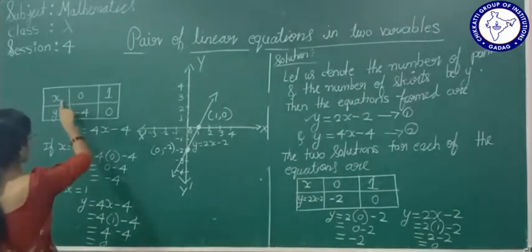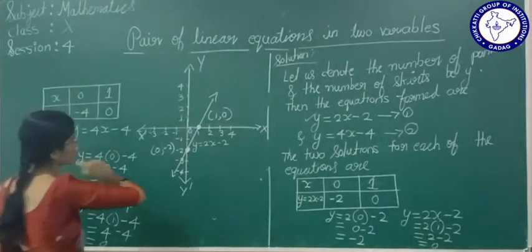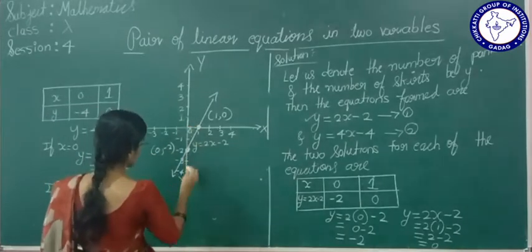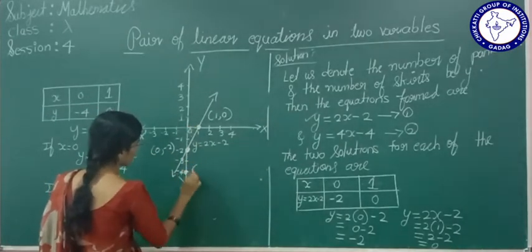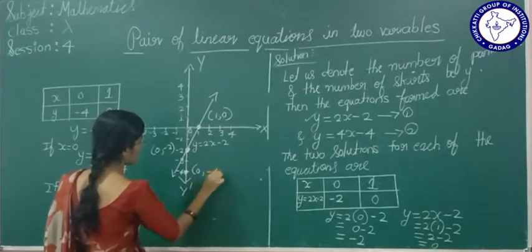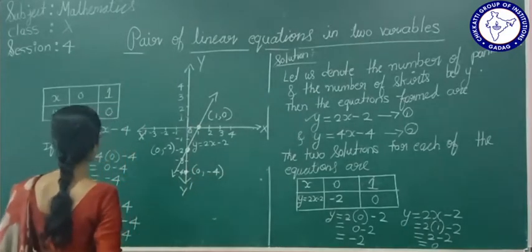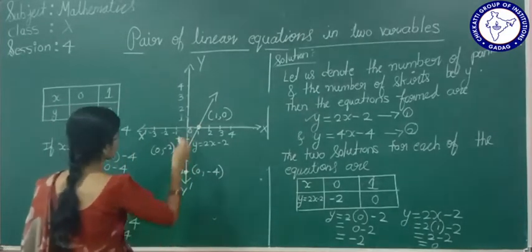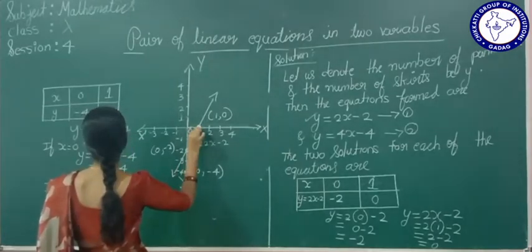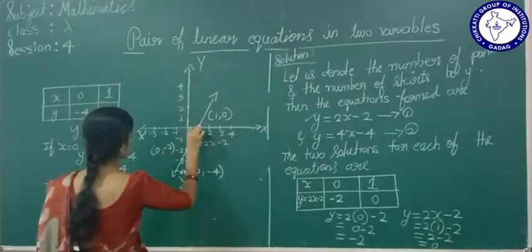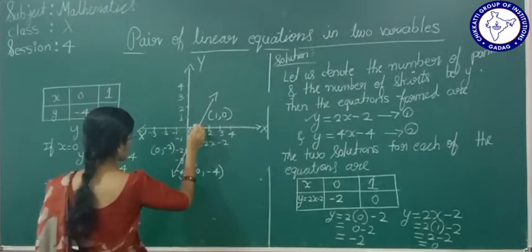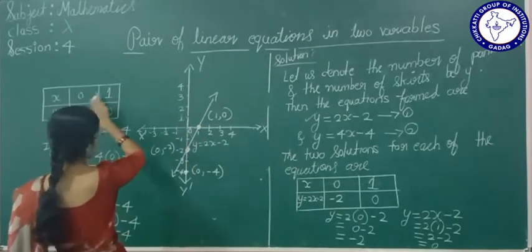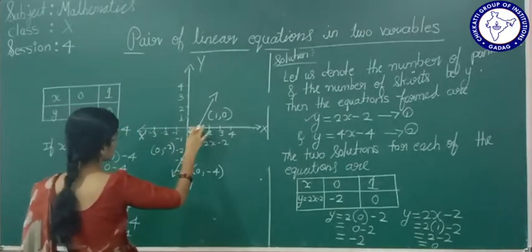Now say when x is 0, y is minus 4. When x is 1, y is 0. Here 1 is here.